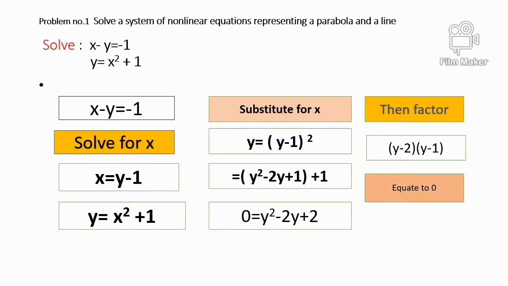Let's equate each to 0. Y minus 2 is equal to 0, so y is equal to 2. The other one, y minus 1 is equal to 0, then y is equal to 1. So the answers are y is equal to 2 and y is equal to 1.